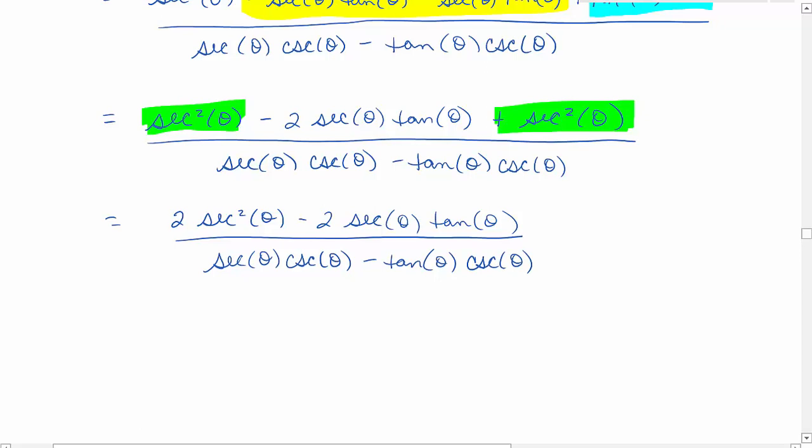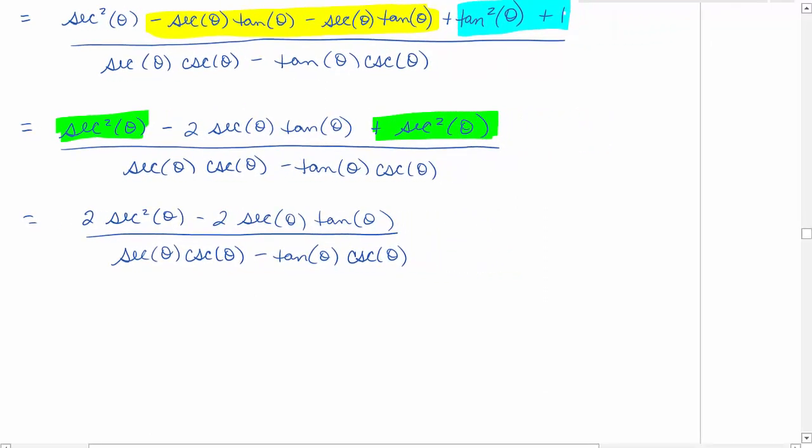So let's take a look at our numerator there, see if that can be factored. It may be helpful to do some side work. So over here on the red, I'm going to strip out the trig so that it helps us see the algebra. We have 2s squared minus 2st. So how could we factor that? Notice that we have a common factor of 2s.